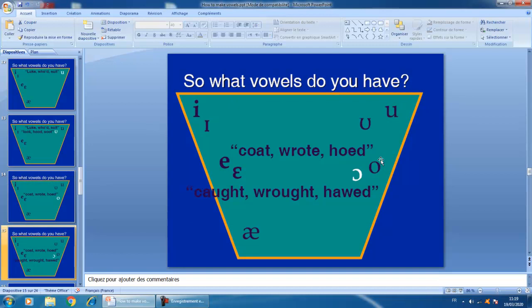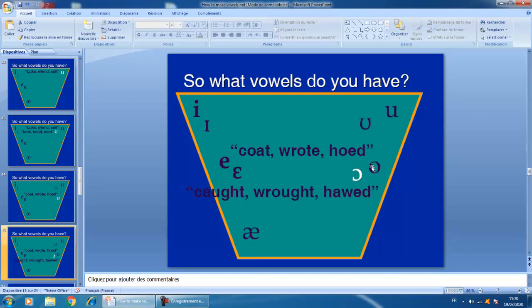Another couple of vowels that are also back, this one here and this one in here. This one is pronounced O, coat, wrote, held. This one is O, caught, wrote, hold.